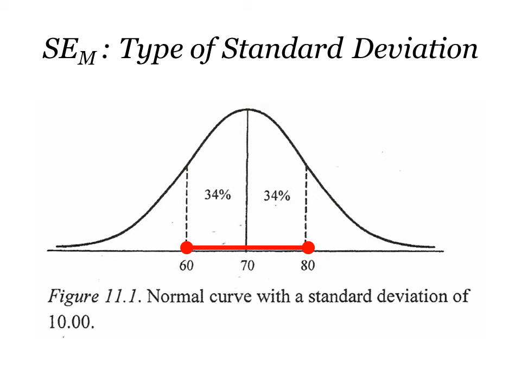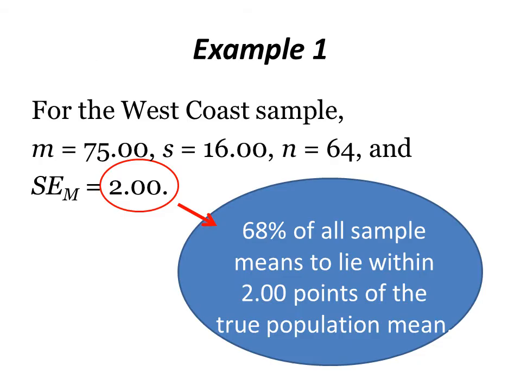And so because the standard error of the mean in example 1 equals 2 points, we would expect about 68% of all sample means to lie within the 2 points of the true population mean. So the standard error of the mean indicates that 68% of all sample means lie within 2 points of the true population mean.